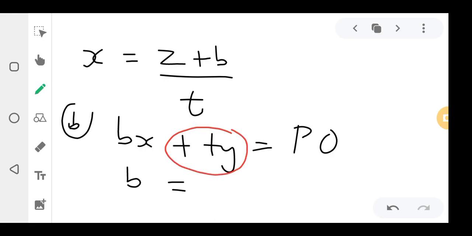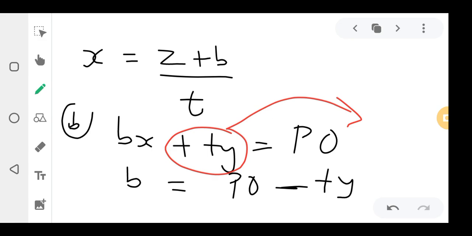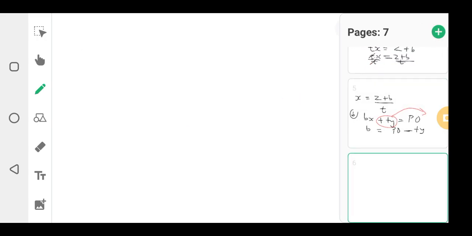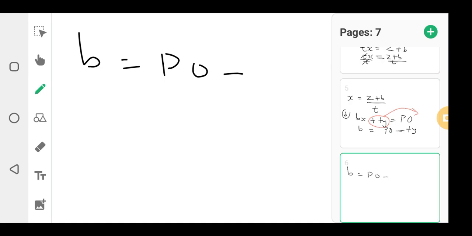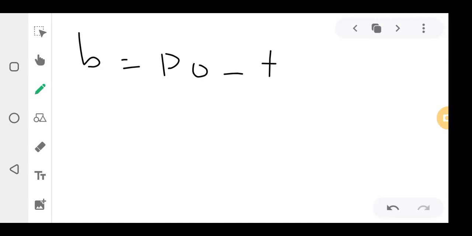This is positive ty, so positive ty will go this side and become negative ty. So bx is equal to po minus ty.